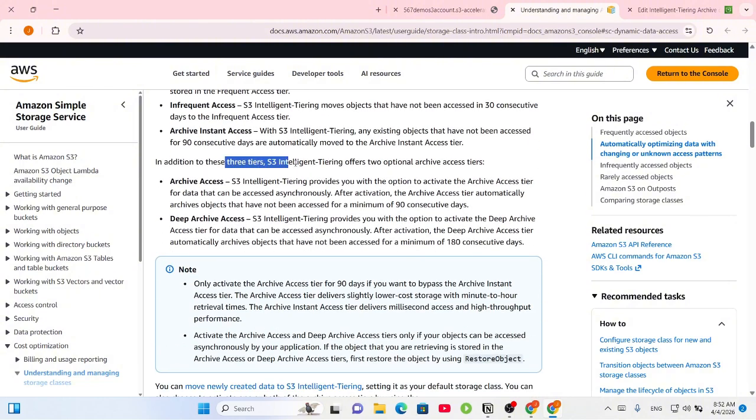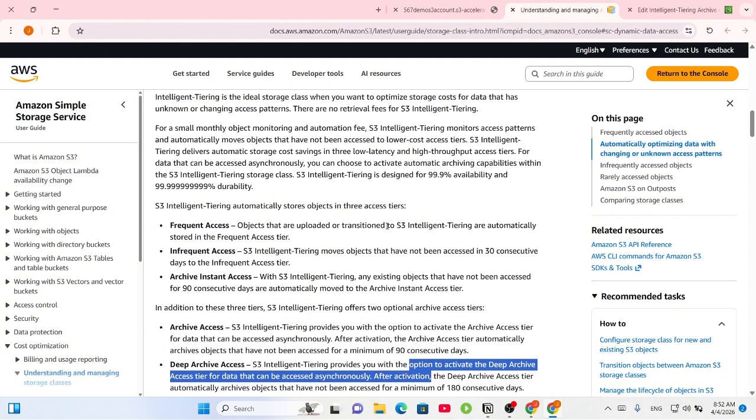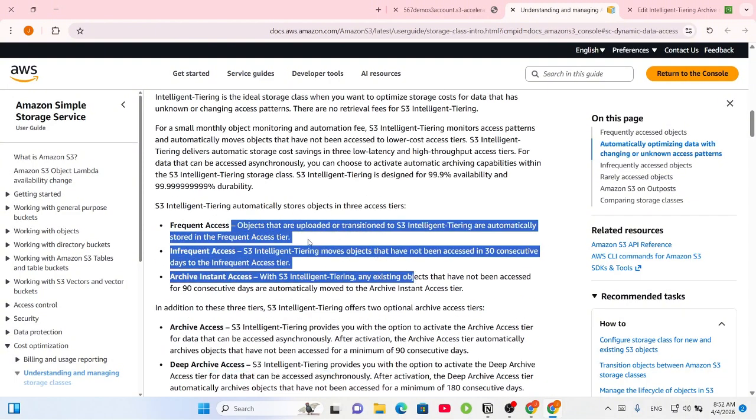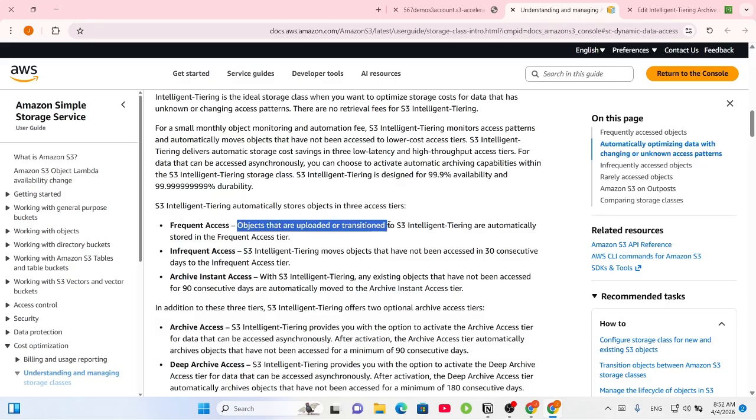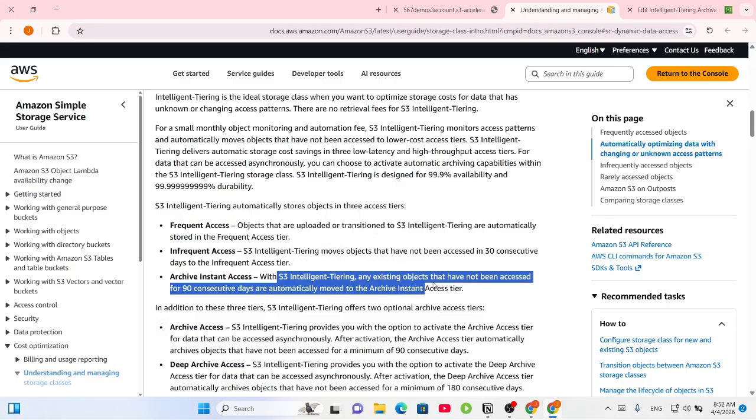In addition to these three tiers, S3 intelligent tiering offers two optional archive access tiers. We have this one, accessed asynchronously, for objects not being accessed for a minimum of 90 days. You can specify this one. And so we also have these two, frequent access and infrequent access, and archive instant access.